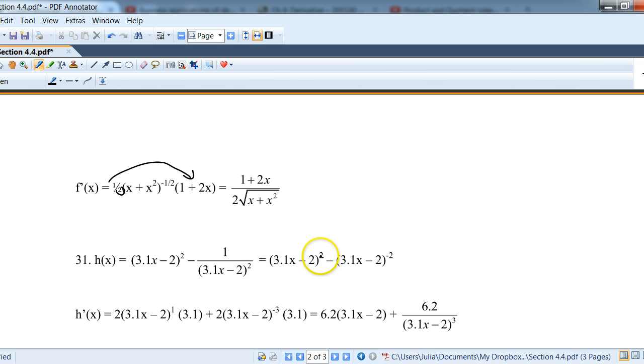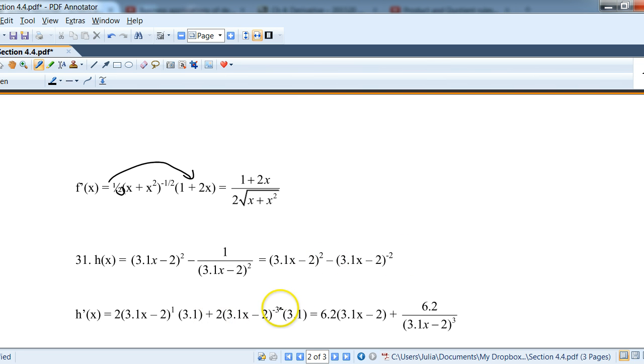The first one is the square power, which comes down. The power becomes 1 times the derivative of 3.1x minus 2, which will give us 3.1, plus, now we focus on the negative power. The negative 2 is why it became plus: negative times negative 2 becomes positive 2.